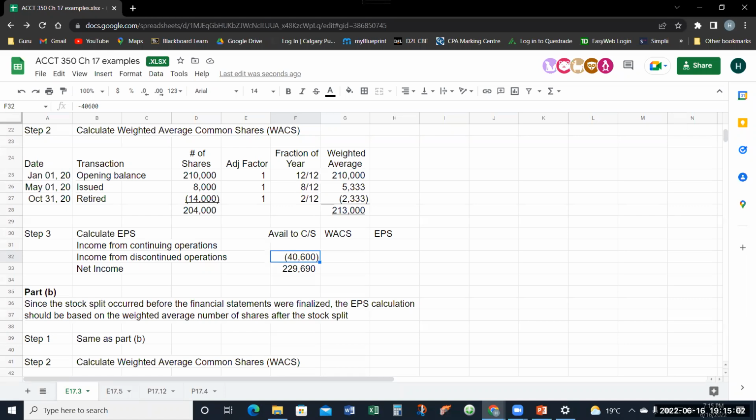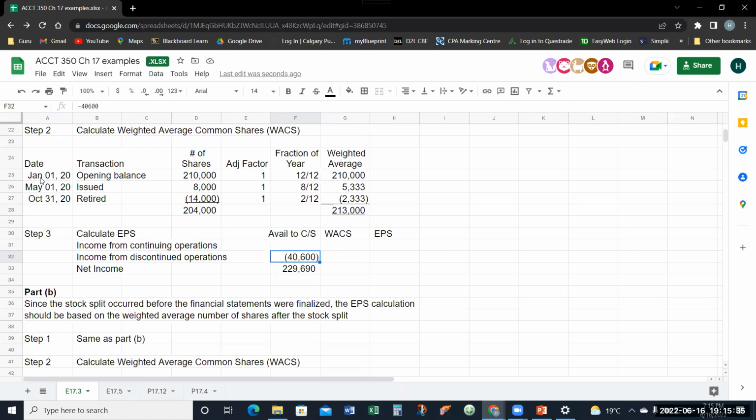Yeah, Professor, I have a question regarding the fraction of year here. For example, January 1st, 2020, we have 12 divided by 12. So is that really to the year end? Yeah, from that date to the end of the year. So from January 1st to the end of the year is 12 months. What if the year end is in November? Then this date would have been December 1st, right?